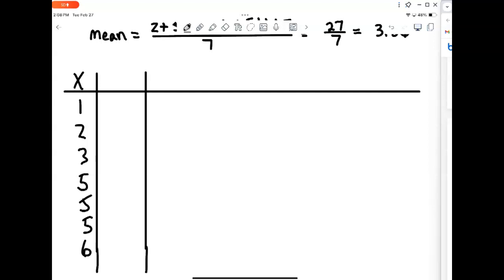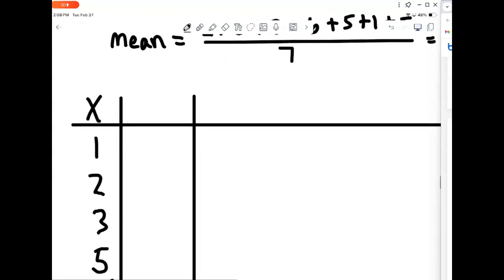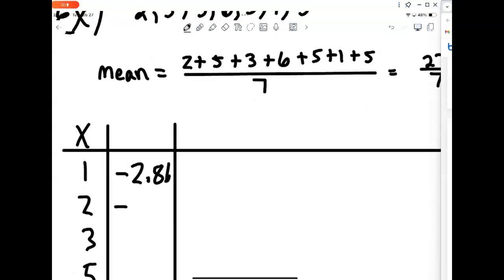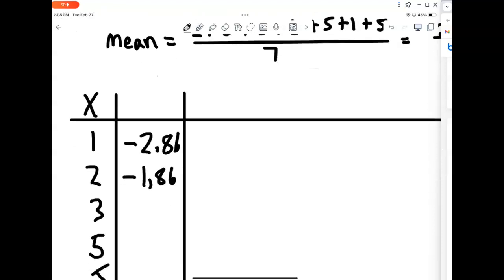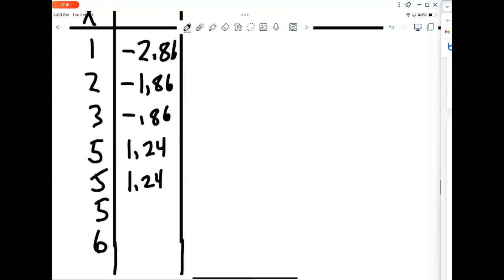Then we're taking each of those values and subtracting off 3.86. So 1 minus 3.86 would be negative 2.86. And then, sorry, 2 minus 3.86 will be negative 1.86. 3 minus 3.86 is negative 0.86. 5 minus 3.86 will be 1.24, and I'm going to have that 3 times.